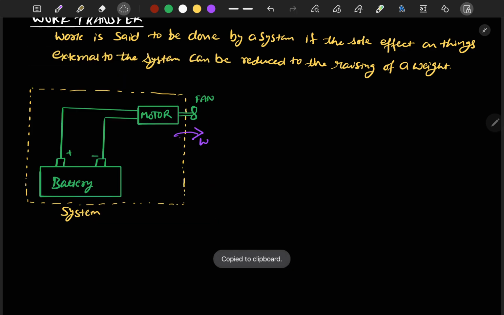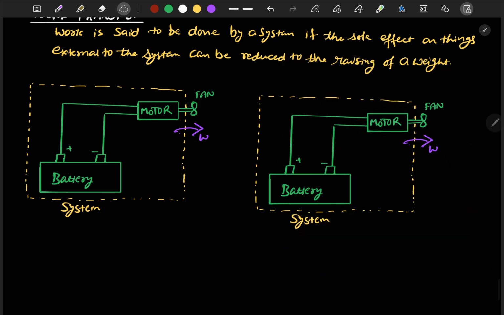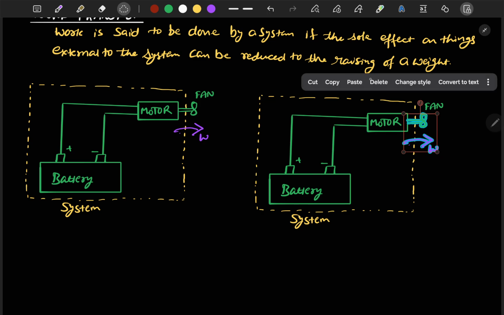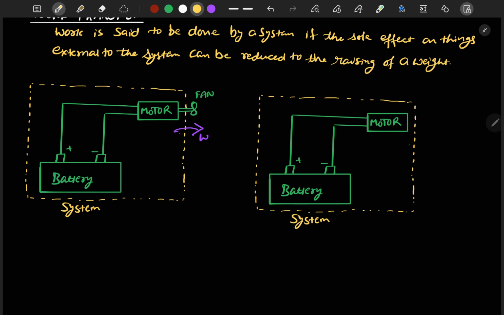I will copy this and paste it here, and let me make some adjustment. Okay, so what I'm going to do here is add a pulley system.